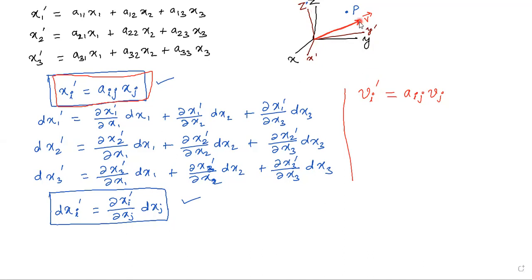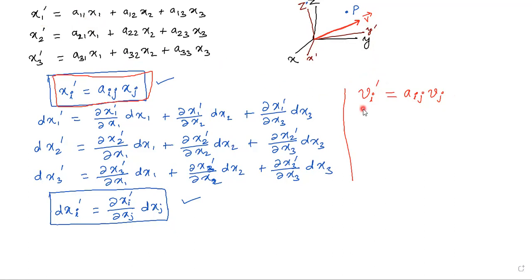So the new components of V in the primed coordinate system and the old components of V in the unprimed coordinate system are related by this equation, where the Aij's are the direction cosines of the angle between xi prime and xj.